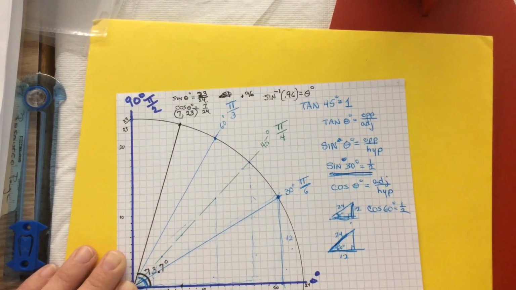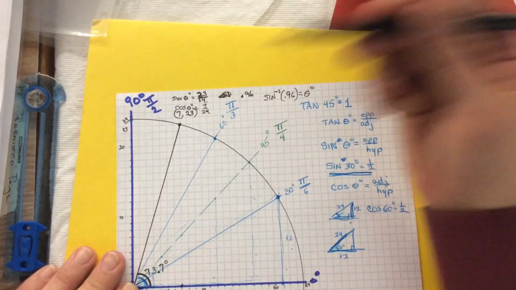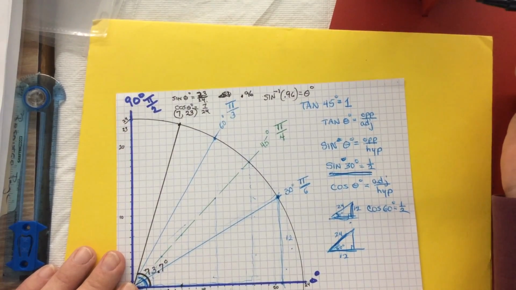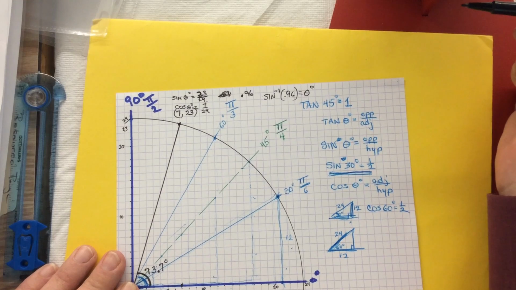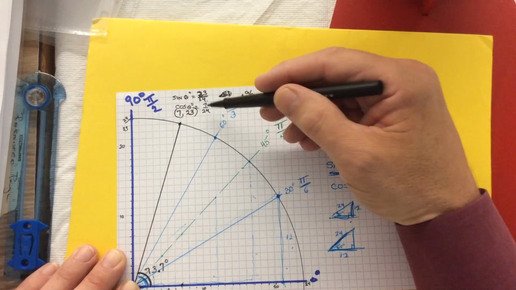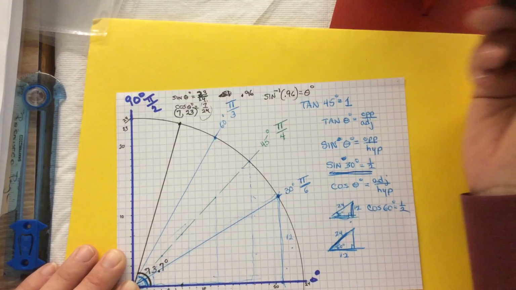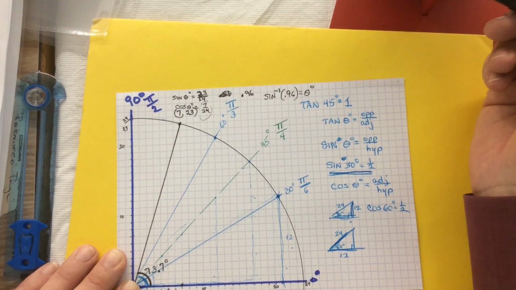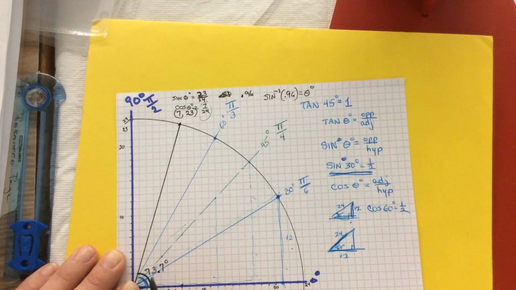Now, let me ask you to do this. Take 7 and divide that by 24 and do the inverse cosine and tell me what you get. You divide 7 by 24 first, because I want to know what this is as a decimal. 73.04.